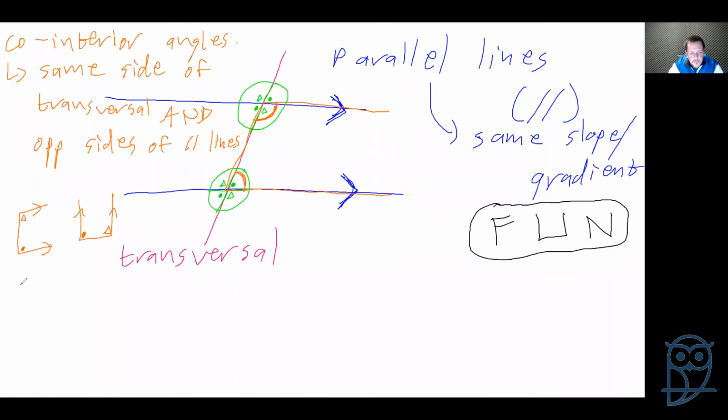More importantly, though, we've been dealing with equal angles. This one is different. This one has supplementary angles. What are supplementary angles, you may ask? They are angles that add up to 180 degrees.